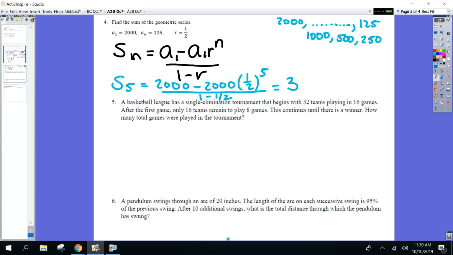I have 3,875. 2,000, right? Minus 2,000 times a half raised to the fifth on top of your fraction template, and then divided by 0.5. All right, we got it now. Okay, everyone good now? Okay, moving on.